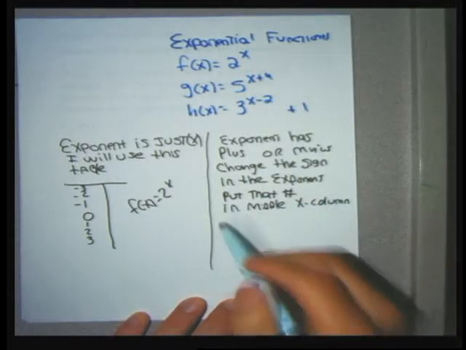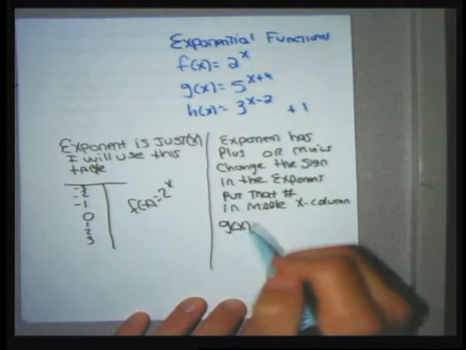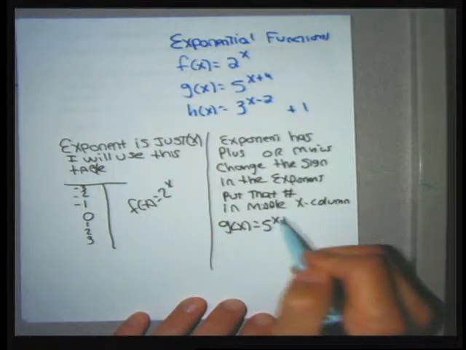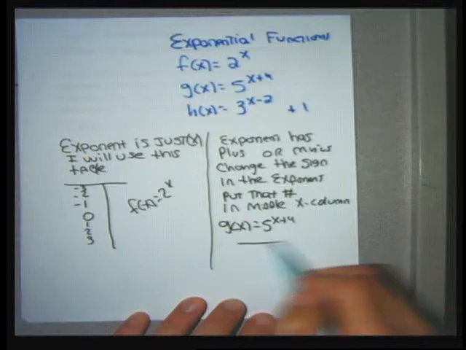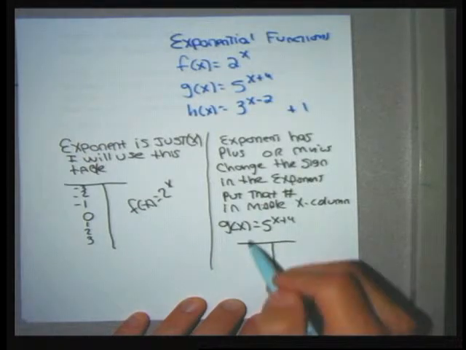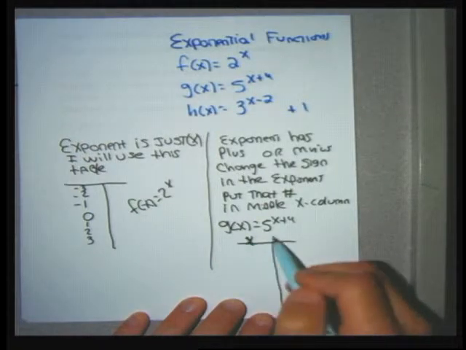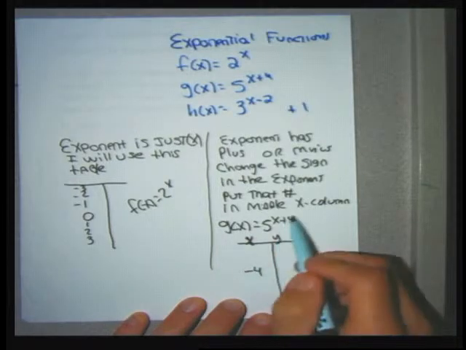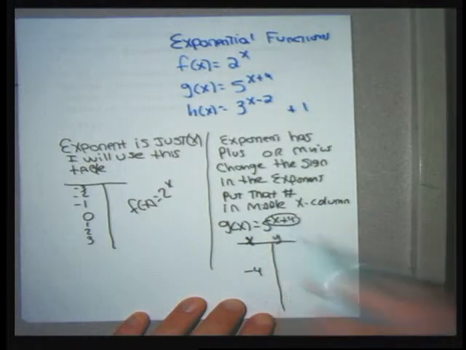So for g of x equals 5 to the x plus 4, the number that's going to go in the middle of my x column is -4, because that's the number in the exponent with its sign changed.